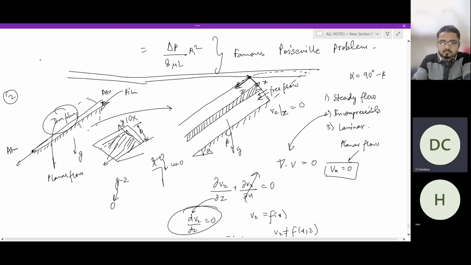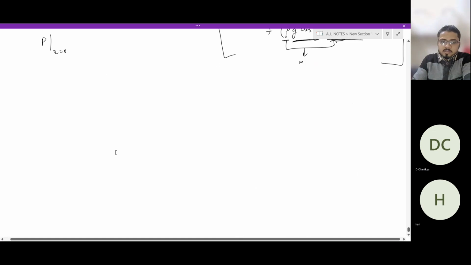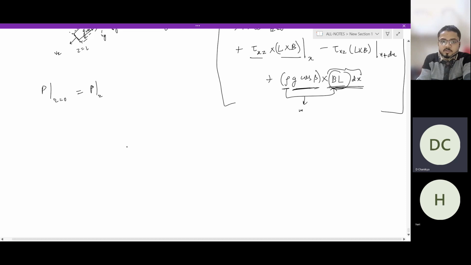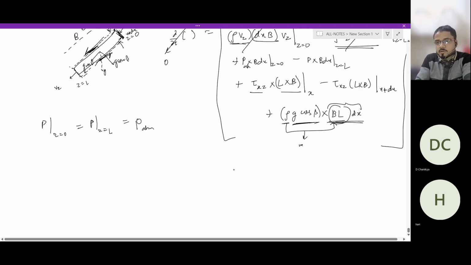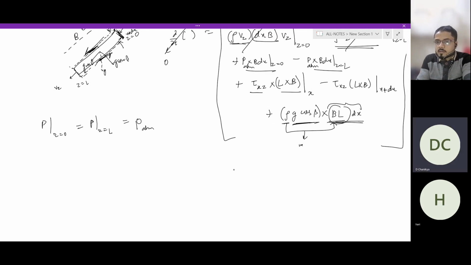So this implies that P at z equals 0 is equal to P at z equals L, which is equal to P atmosphere. Since this is P atmosphere, this is also P atmosphere. So both of these terms are identical, and they cancel out.